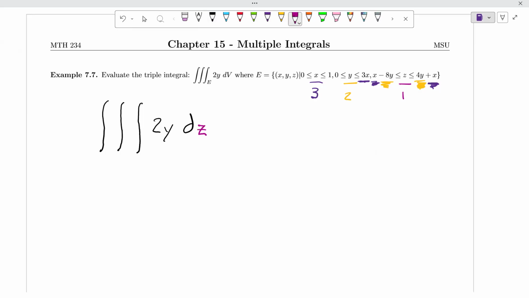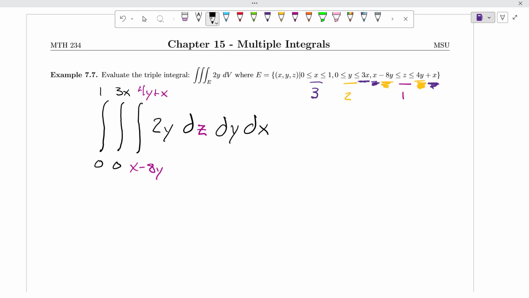So I can go put its limits in. Looks like x minus 8y on the bottom and 4y plus x on the top. Then y was 0 to 3x, and x is 0 to 1. So let's put a dy and a dx in right there.